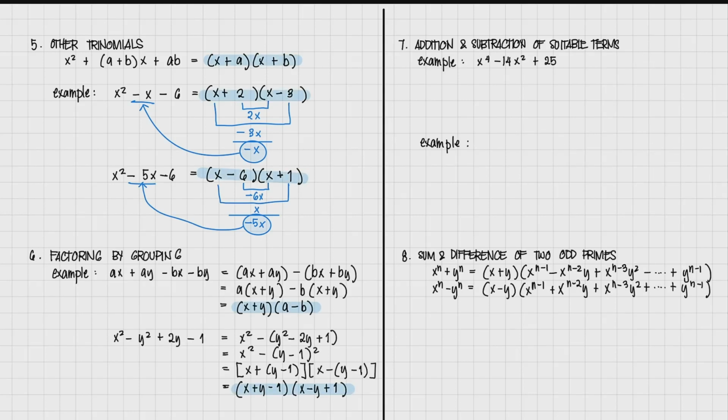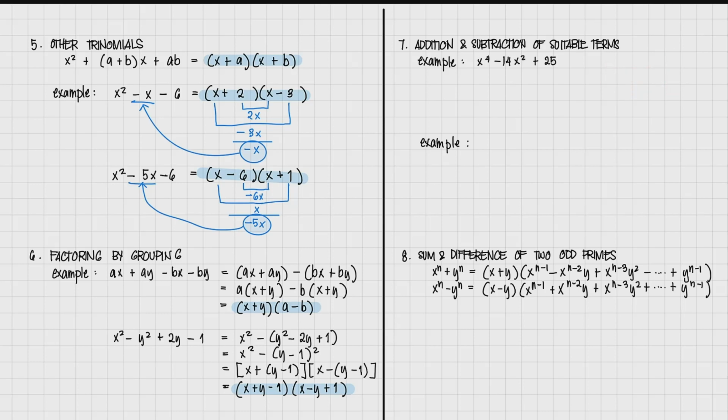Okay, so I just rearranged the writing. I moved type 6, factoring by grouping, over here. So now we're on type 7, addition and subtraction of suitable terms. This type of factoring is usually applied to polynomials with a degree of 4, with two terms being perfect squares and both preceded by a positive sign.